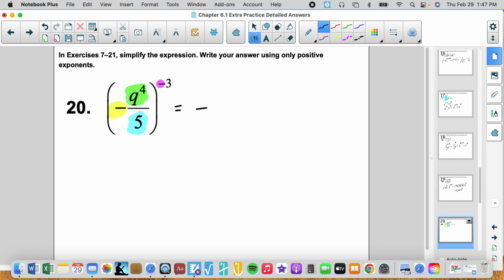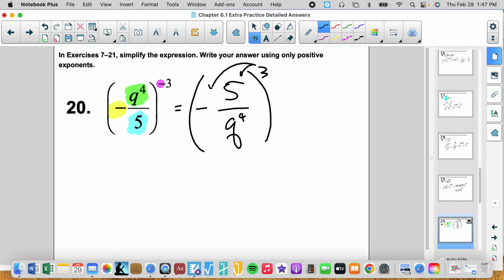So we could see this as 5 over q to the 4th quantity to the 3rd. So we changed from a negative to a positive exponent by flipping, taking the reciprocal. And now we're going to distribute that power of 3 to all 3 of those pieces. Very important, all 3 of those pieces.